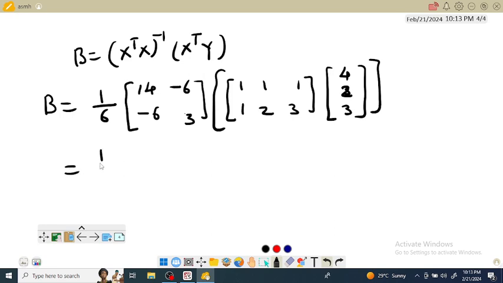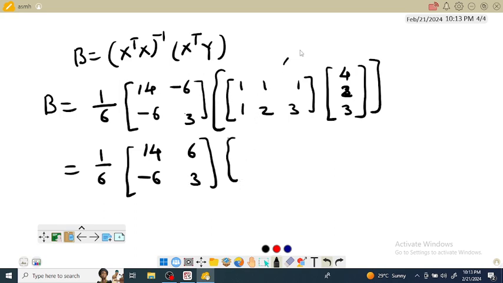This will be equal to 1 by 6 [14 minus 6; minus 6 3] into, if you multiply these two matrices you will get 1 times 4 plus 2 times 2 plus 3 times 3, then 4 plus 4 plus 8... 8 plus 9, it will be equal to 17. So 9 and 17.